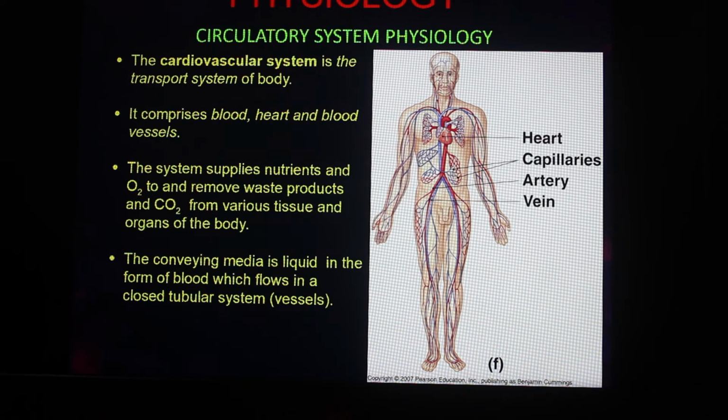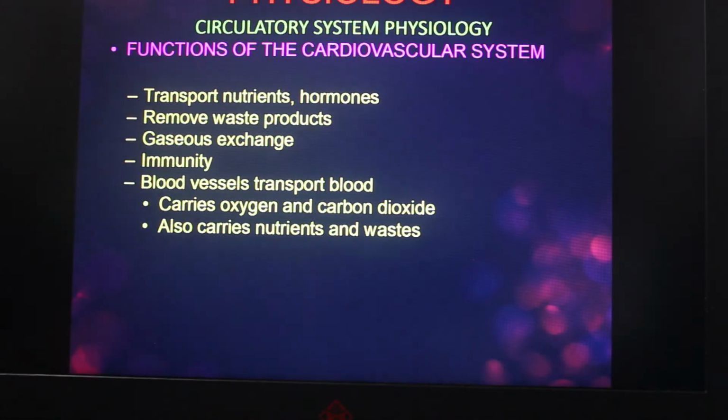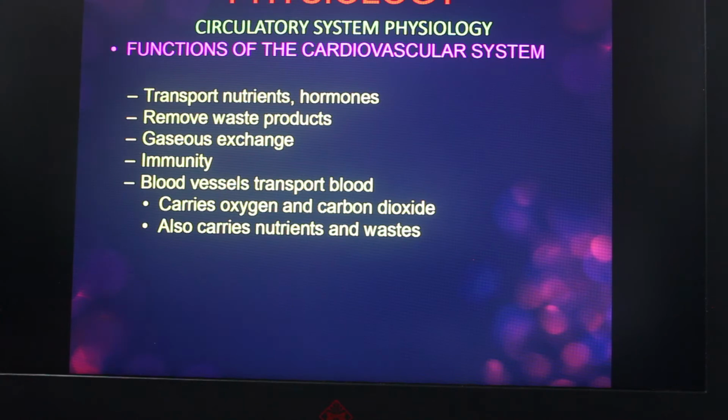The conveying medium is liquid in the form of blood, which flows in a closed tubular system called the vessels. The functions of the cardiovascular system are to transport nutrients and hormones, remove waste products, and make gas exchange possible.